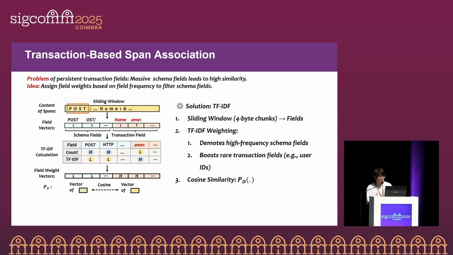To address this issue, we employ the TF-IDF algorithm to assign different weights to different fields. Since schema fields appear more frequently, the TF-IDF algorithm assigns them a low weight based on their high frequency. This allows persistent transaction fields to receive high weights. After obtaining the weight vector for each request content, we use cosine similarity to calculate the probability that any two requests belong to the same transaction type.